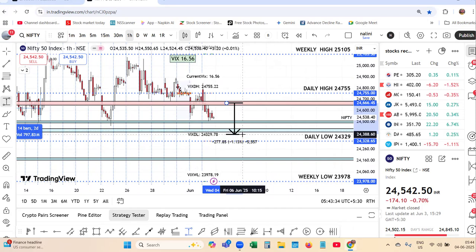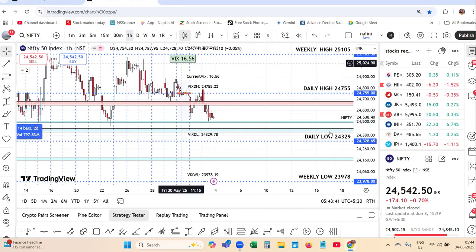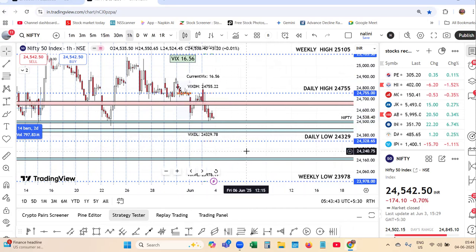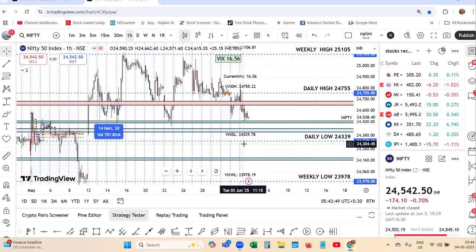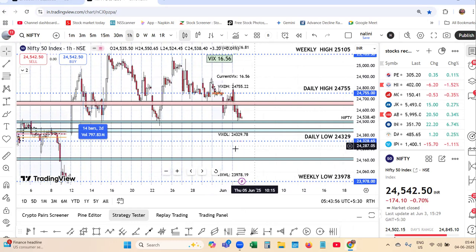The points are almost 257 to 298 points. So maybe it may be another down day, and maybe on Thursday you can see a reversal in the market. Till that time, the market may undergo a correction. That is what I am expecting.